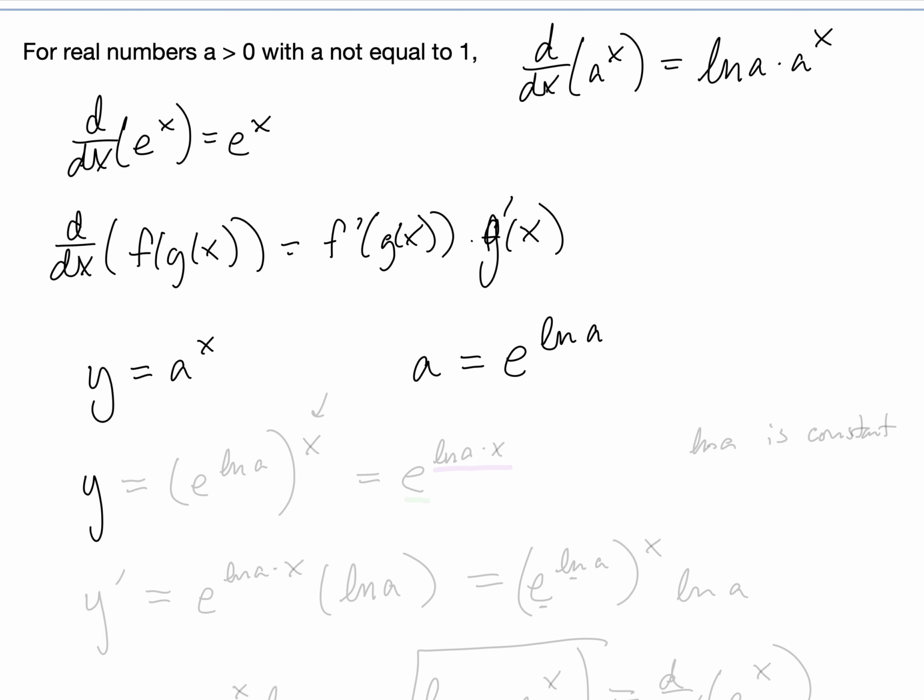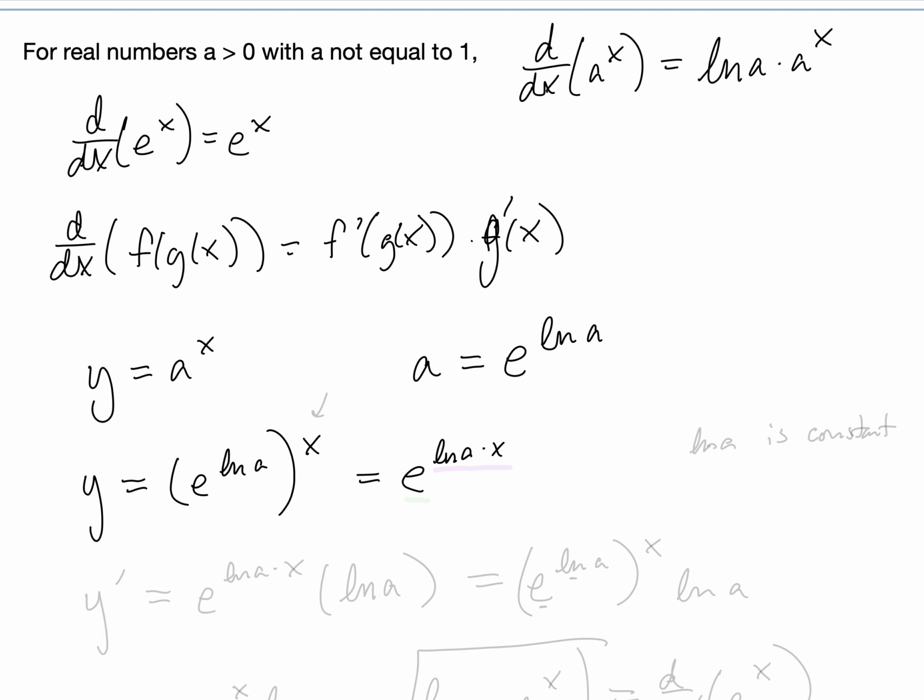And so then we're going to rewrite y as, instead of a, e to the natural log of a, to the x power. And so then we can rewrite that as e to the, now when we take the exponent of an exponent, we just multiply those exponents, so that's natural log of a times x.